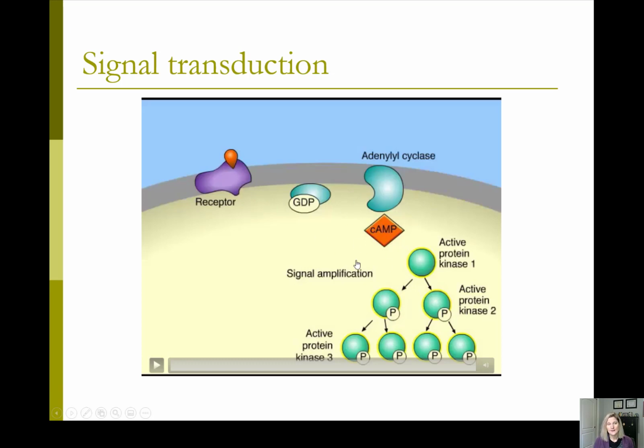And in this case, that enzyme is converting ATP into cAMP. And that will trigger another response to activate a protein kinase, which leads to this signal amplification process. But it will end in some sort of cellular response.